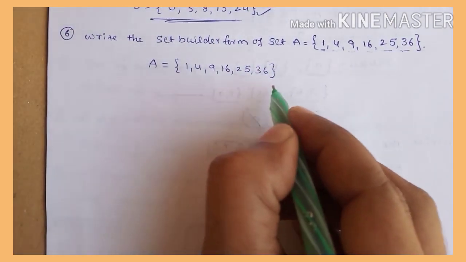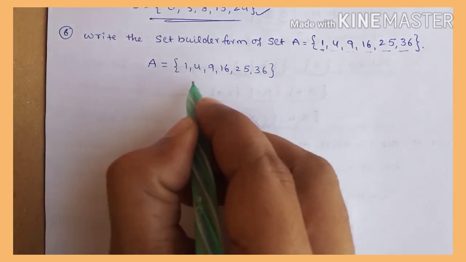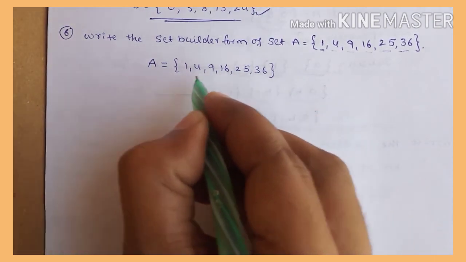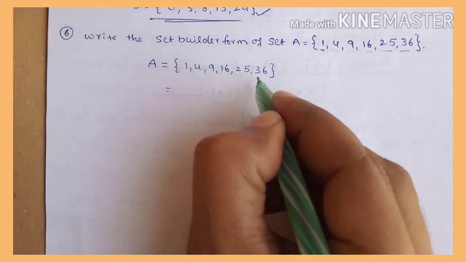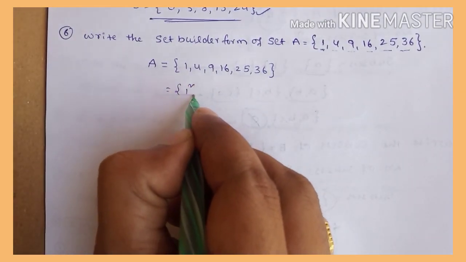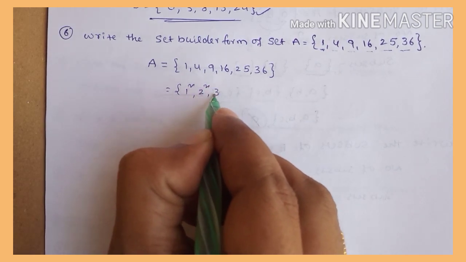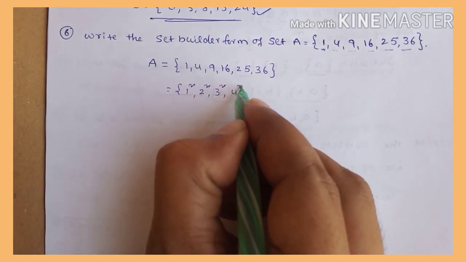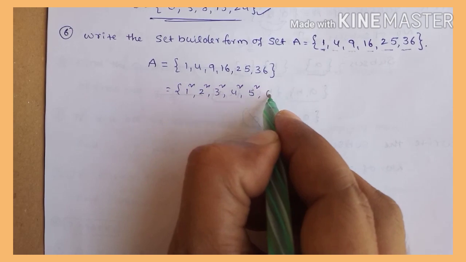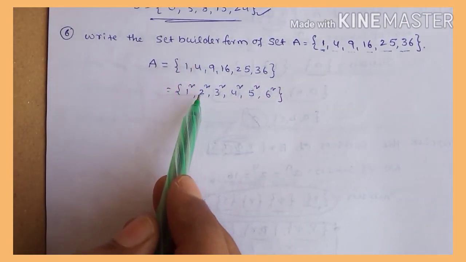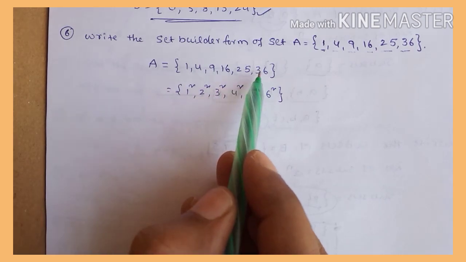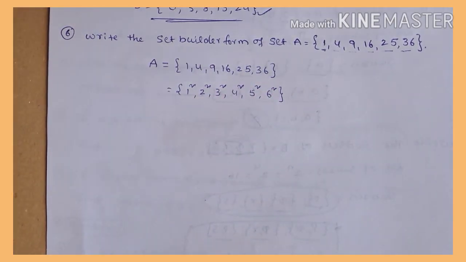Now observe the common relation, the common property for all the given elements. Here 1 you can write as 1 square, 4 is 2 square, 9 is 3 square, then 4 square, 5 square and 6 square. Like that, and so on up to 36 is 6 square.